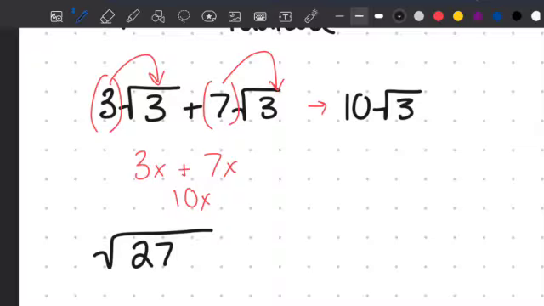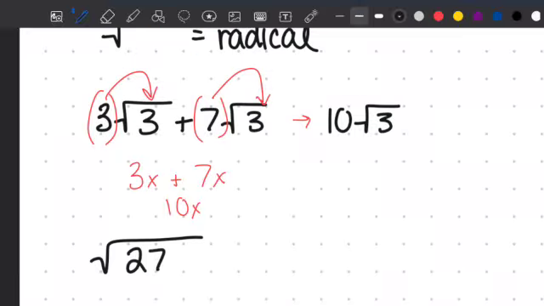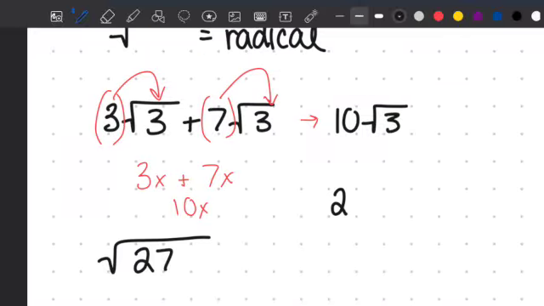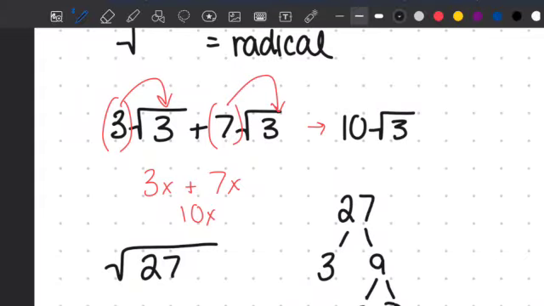If I want to simplify, let's say, root 27, what I'm going to do is factor 27. So 27 is 3 times 9, and then the 9 is 3 times 3. So inside root 27, I have 3 times 3 times 3. All following so far?